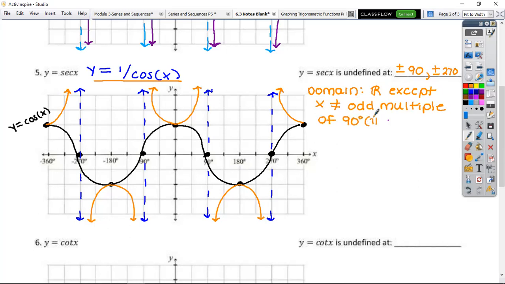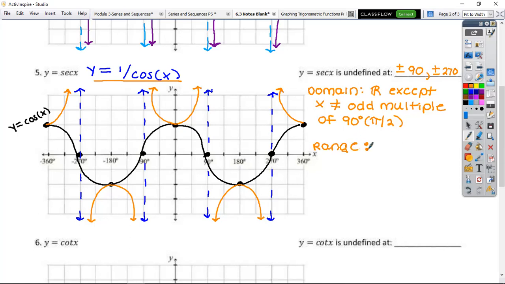Again, I like you to write both, because often you will in the future see a lot more trig graphs done in radians too. All right, my range. My range is going to look very, very similar to the reciprocal of your sine graph. So my range, again, you've got options here.